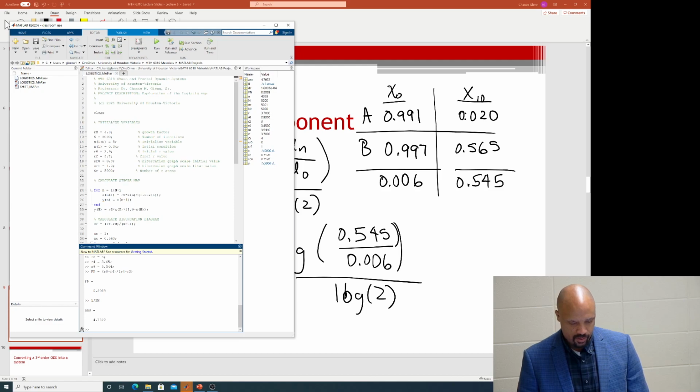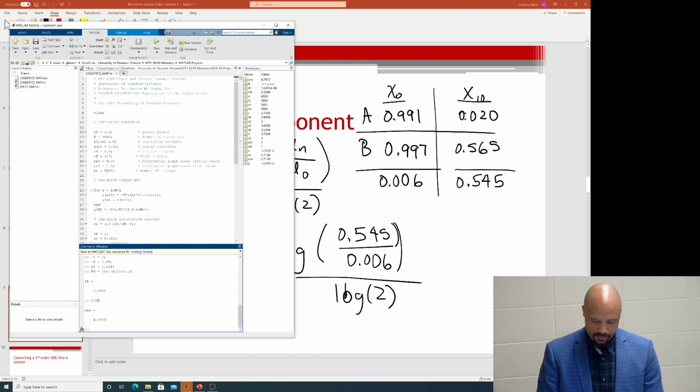So our Lyapunov exponent is equal to log of 0.545 divided by 0.006, divided by log of 2.